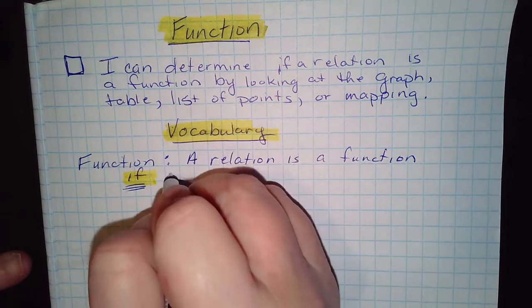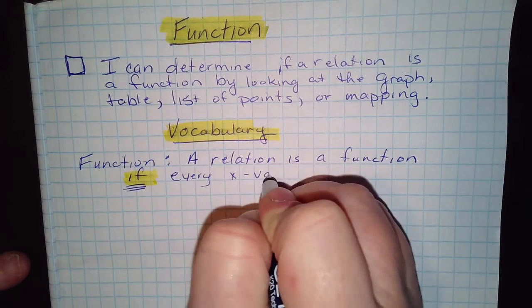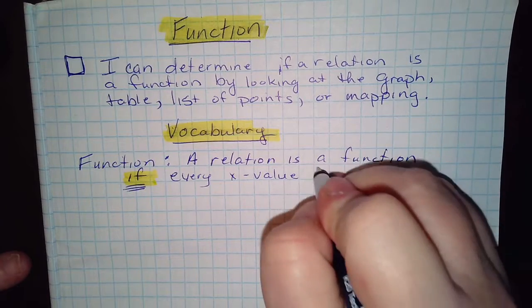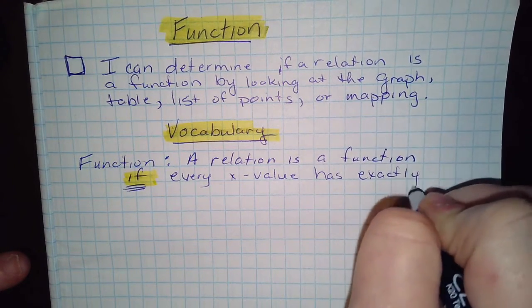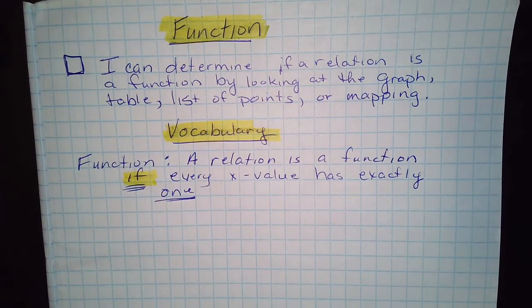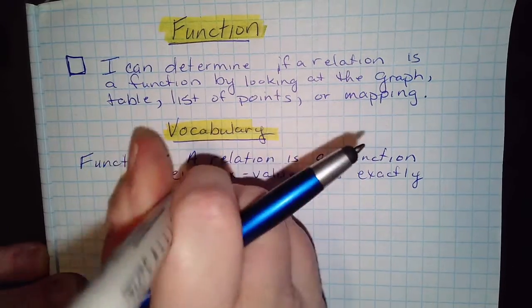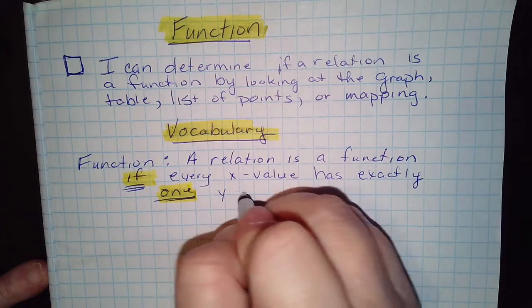If every x value has exactly one, and I'm underlining that, and I am going to highlight my one, y value.